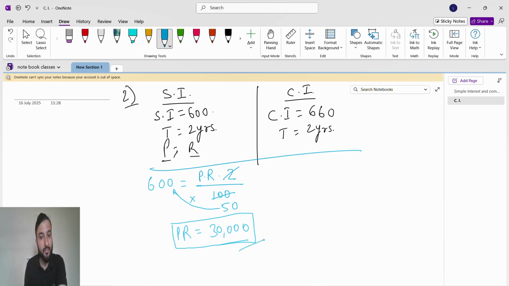Okay. Now we will use the compound interest formula. We know compound interest is amount minus principal. So compound interest is 660.